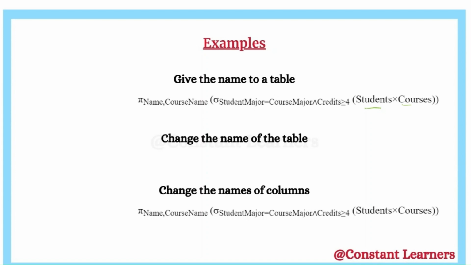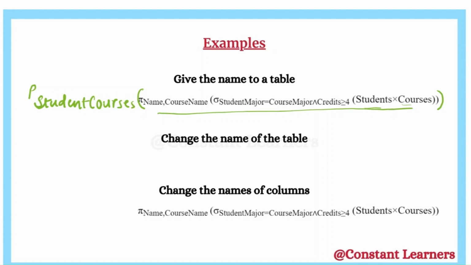Now let's say I have to give the name of this table as student courses. So we start with rho and as a subscript, we write the new name, that is student courses. And inside the bracket will come our query. So now the new name of this entire table is student courses.